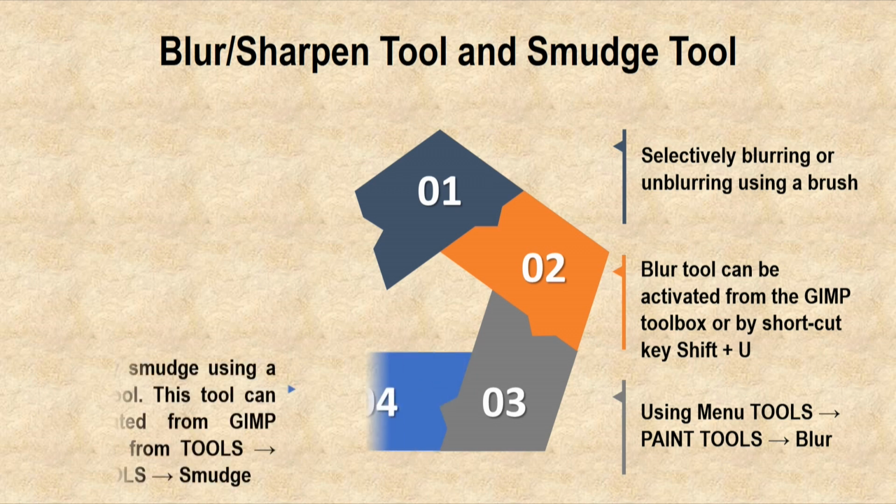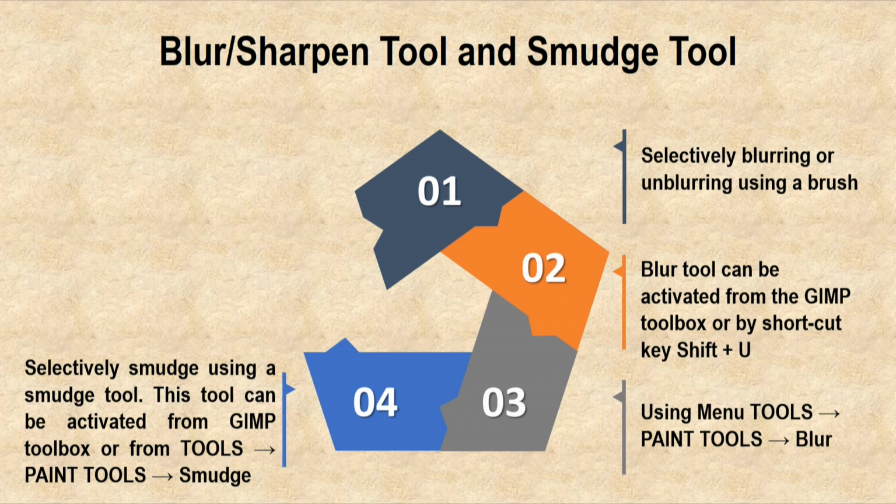Similarly, we can selectively smudge using a smudge tool, and this tool can be activated from the GIMP toolbox, or we can also make use of it from the tools menu and then paint tools option, and then we need to click on smudge option.